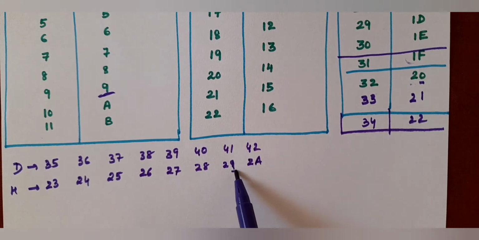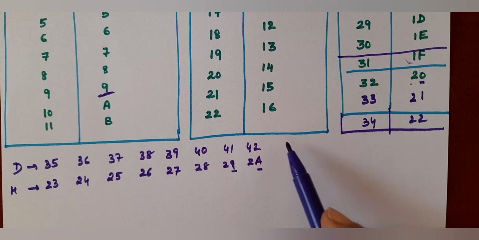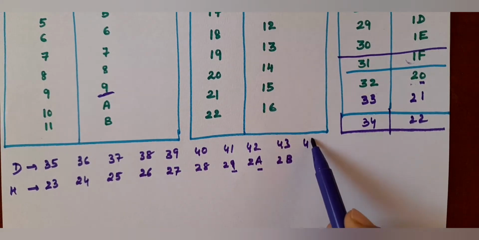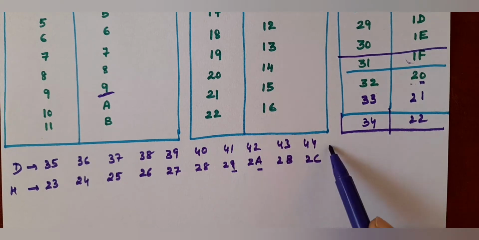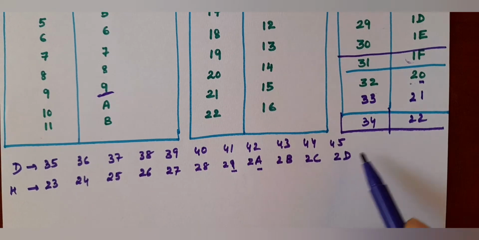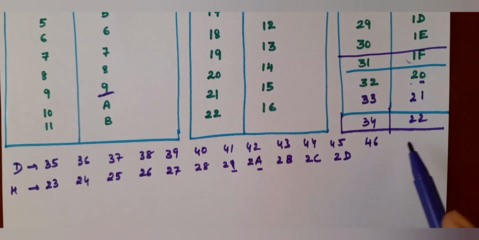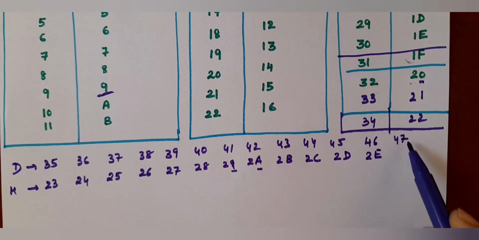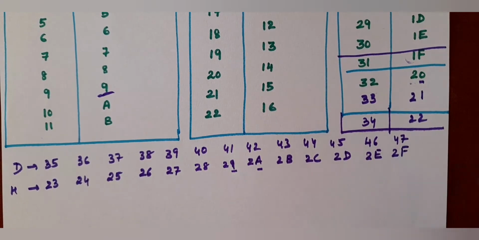After 9 you have to take the variable A. 43 will be 2B, 44 will be 2C, 45 will be 2D, 46 will be 2E, 47 will be 2F.